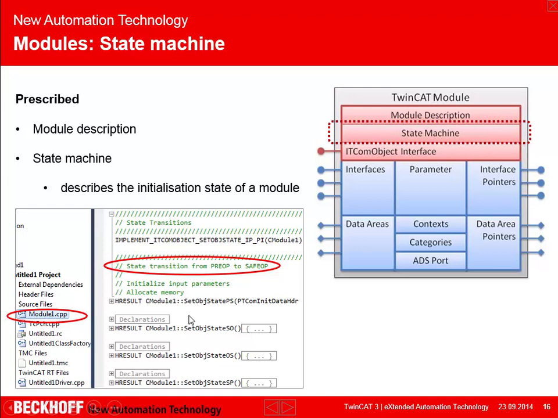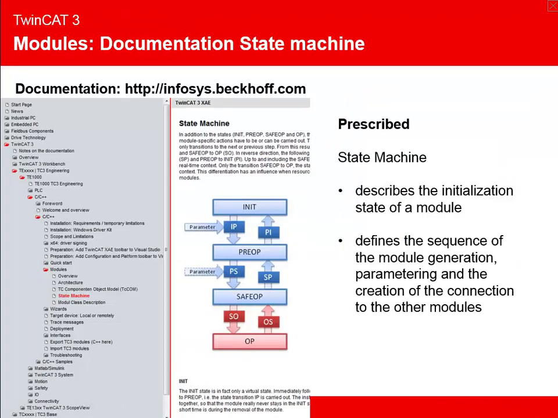And so why do we need this state machine? Well, because again, we have to load the module into memory. If modules want to interact at runtime with each other, one module wants to map data and interact with another module or by a pointer, then these modules first of all have to find each other, exchange pointer information and so on.